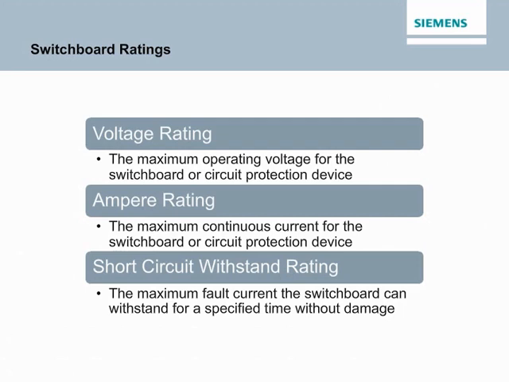The standards for short circuit withstandability are set by Underwriters Laboratories, the UL Standard 891. Bus structures and bracing are designed to withstand a specified amount of current for a specified amount of time.